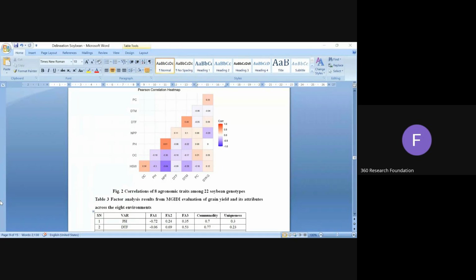But you can check with your pooled replicated data also, whatever your experimental design, like RBD or augmented. For pooled, whatever file we have, 1, 2, 3, 1, 2, 3, you just need to sort it according to environment and replication, and calculate the mean.